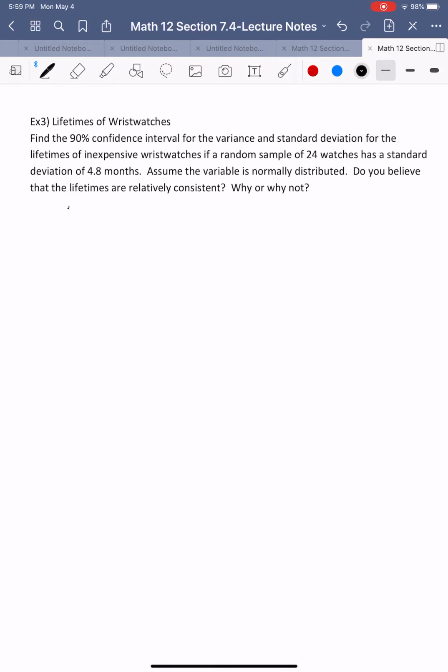This time, s squared is already given as a standard deviation: 4.8 squared comes out as 23.04. The degree of freedom is n minus 1, so n is 24, subtract 1, becomes 23. For a 90% confidence interval, alpha is 1 minus 0.90, which is 0.10.